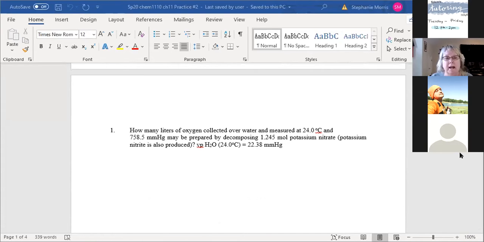Yeah, that's the one. Okay. Where's my paper? Sorry. Do you see the phrase collected over water? Let me just write it, and then I'll hold my paper up.